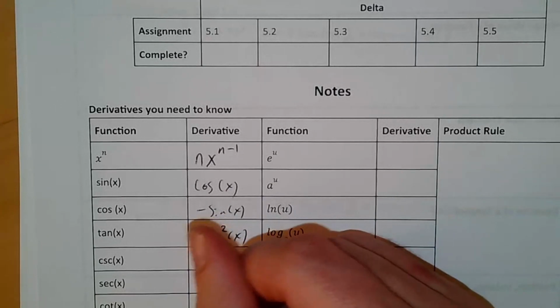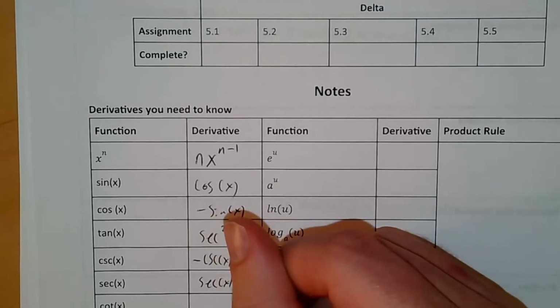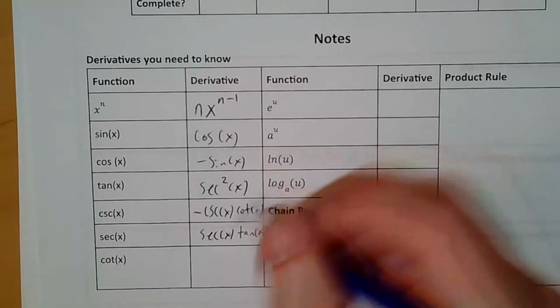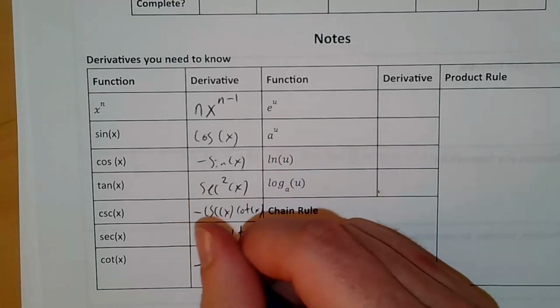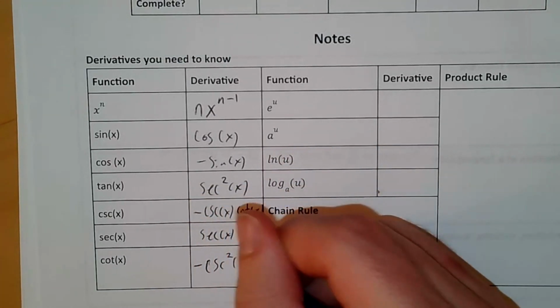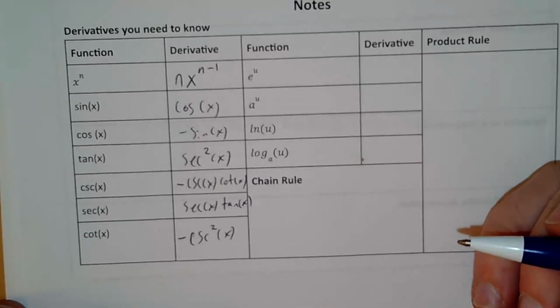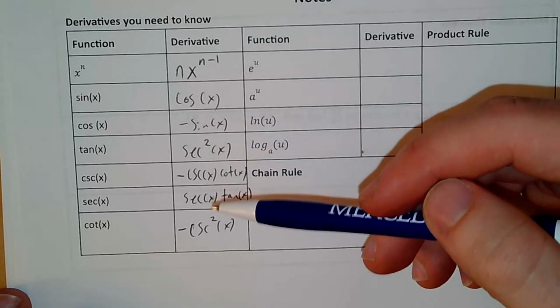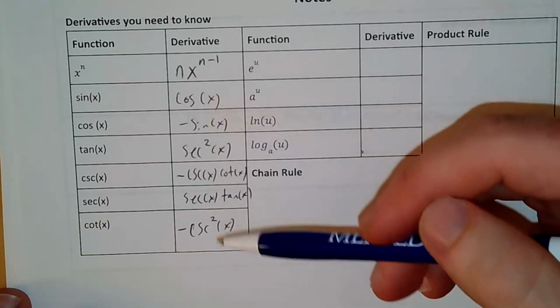Secant x is secant x tan x. And then cotangent x is negative cosecant squared x. A helpful reminder is that all the derivatives of the cosine-type functions are negative.